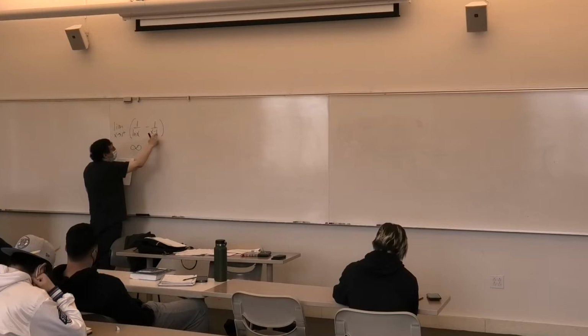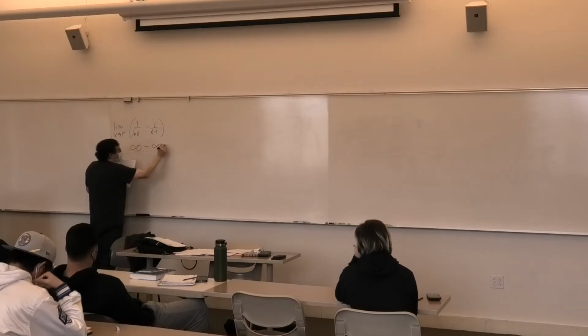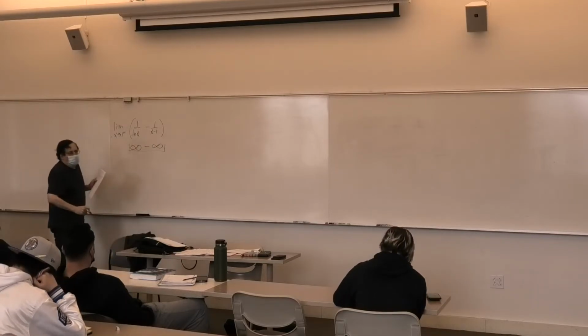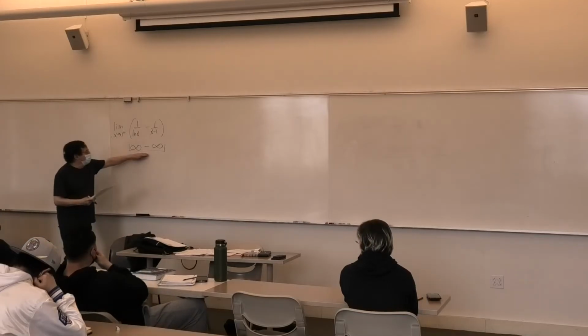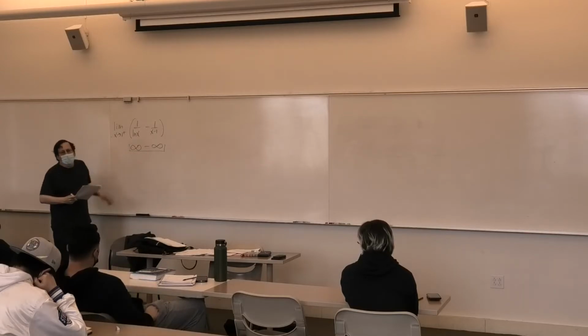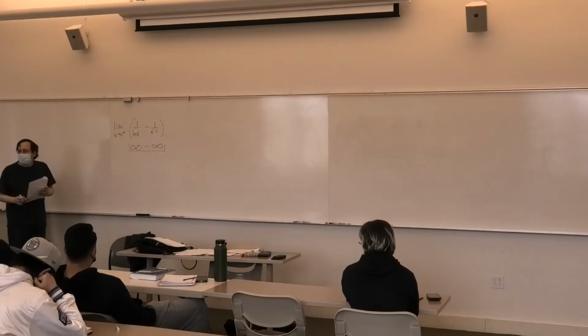And 1 minus 1 is 0, 1 over 0 is going to infinity. So I have infinity minus infinity. We don't know what's going to happen on the way there. But because it's an indeterminate form, we know we can use L'Hopital's rule.